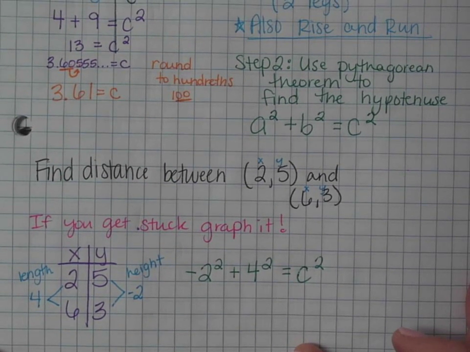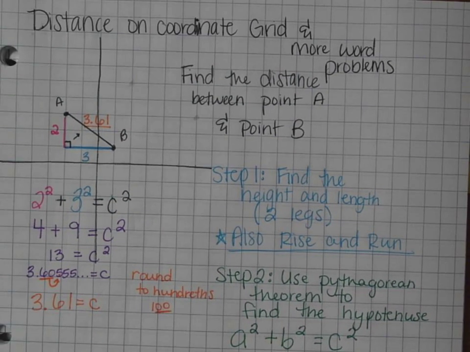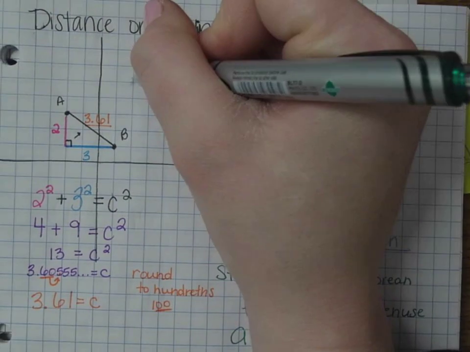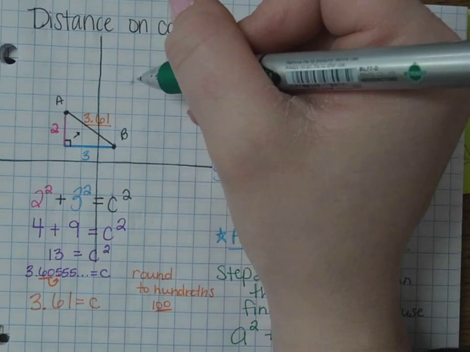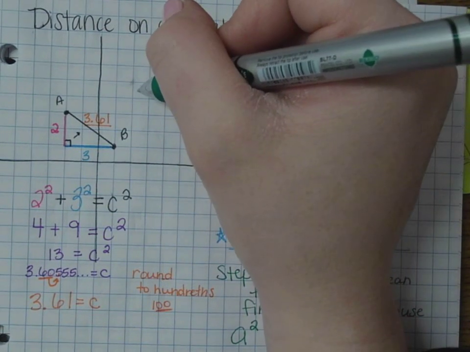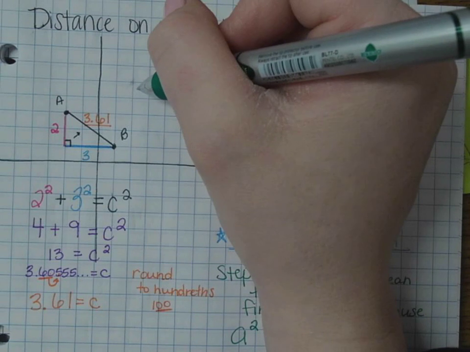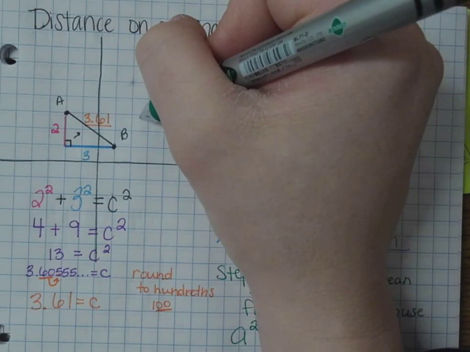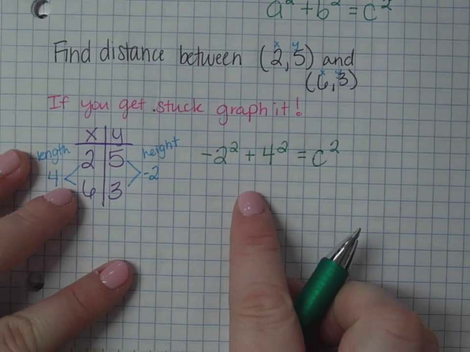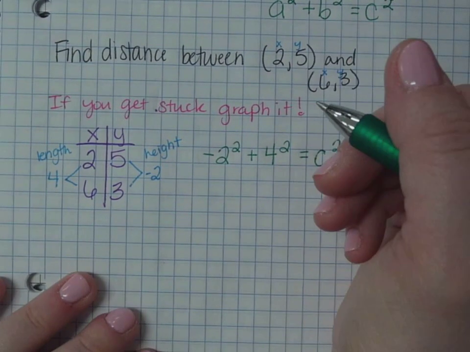Now, something I want you to think about is when we have that triangle, it's a little bit different in slope in this fact, but I'll show you how to not worry about it. A height can't be negative. Yes, it went down, but when we're talking about height of a triangle, it can't be negative.